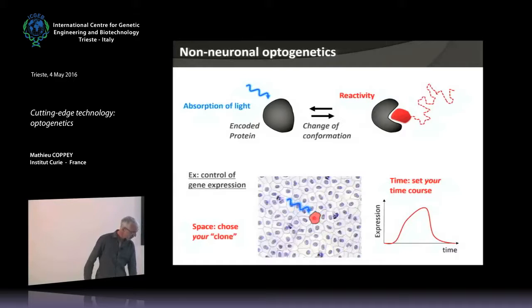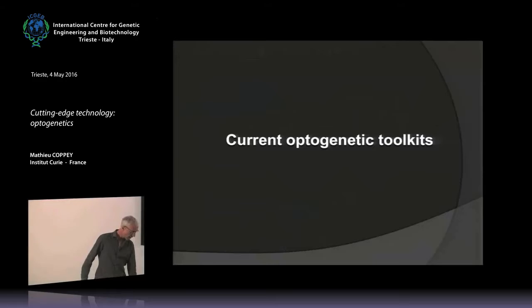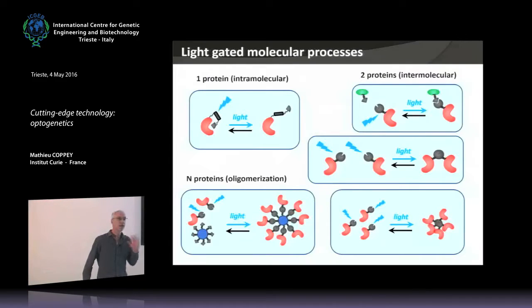So I'm mostly going to speak about signaling pathway and signal transduction, and I will just quickly present now the different toolkits. It's quite a mature field now, and there are several modalities to control the activity of proteins inside cells, and I'm just going to review them now. Just the tools themselves on the molecular aspects, you have different modalities.